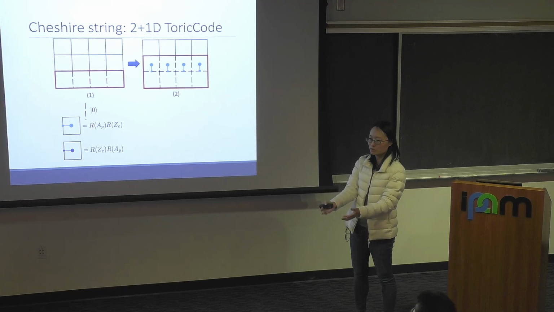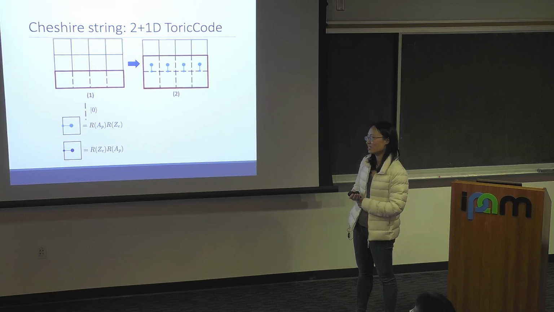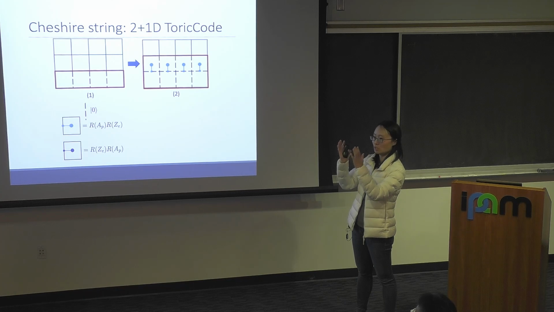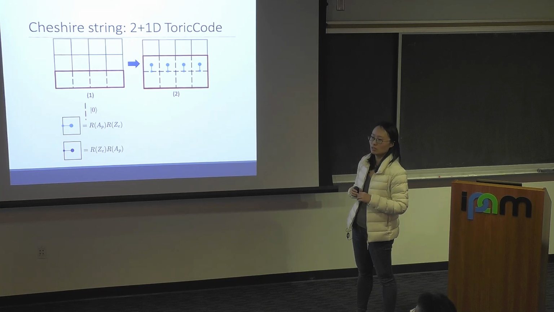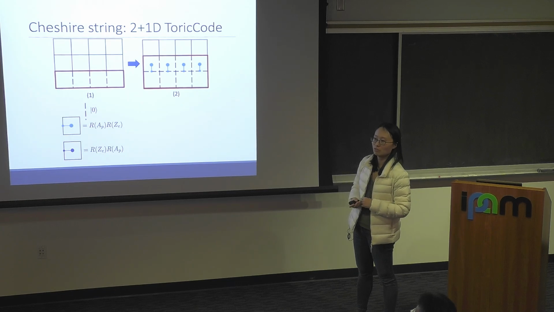So finite depth circuits define an equivalence class of one-dimensional defects. And we use that to show that we can move the Cheshire string around and also fuse multiple defects using finite depth circuits, because those should be in the equivalence class of the same defect.